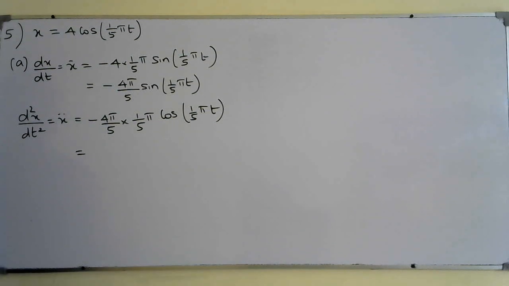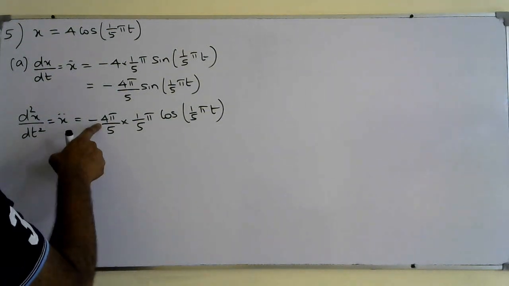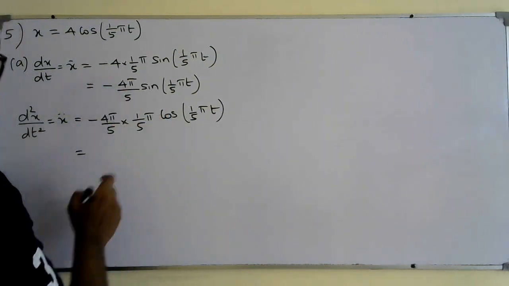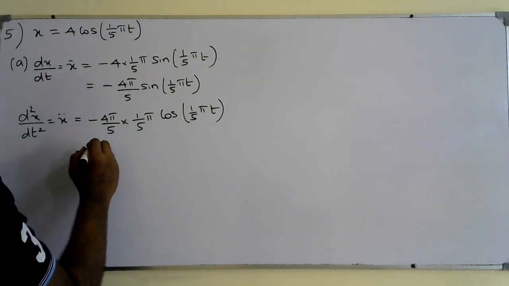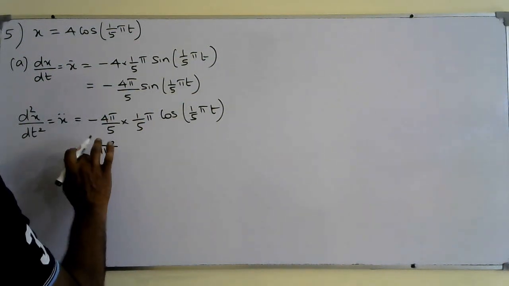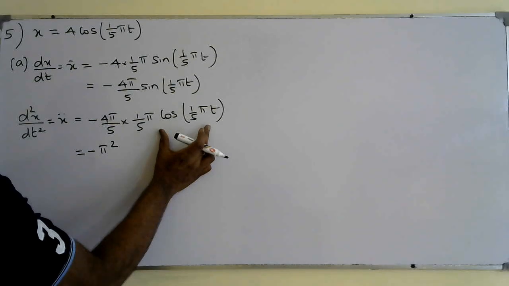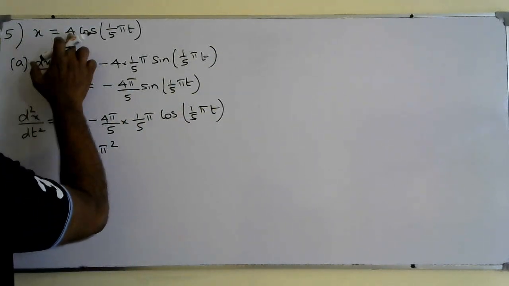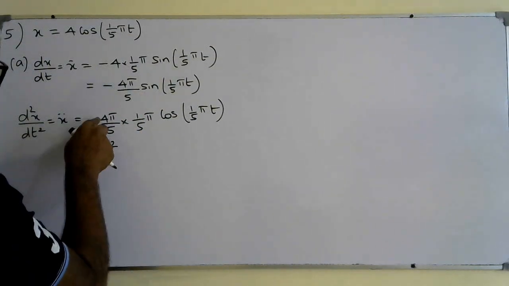So we'll rearrange it. The 4 cos, that format we had to get. So we'll take the 4 there. So that is pi into pi squared. There's a minus sign. I want to get it in terms of x, x double dot equal to some constant into x. So this x means there's a 4, so I have to bring the 4 here.